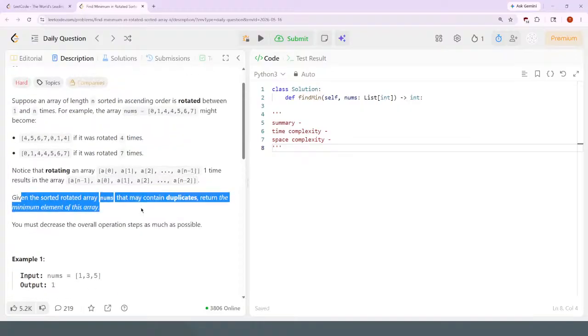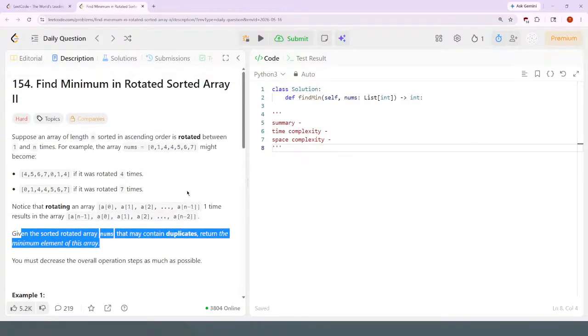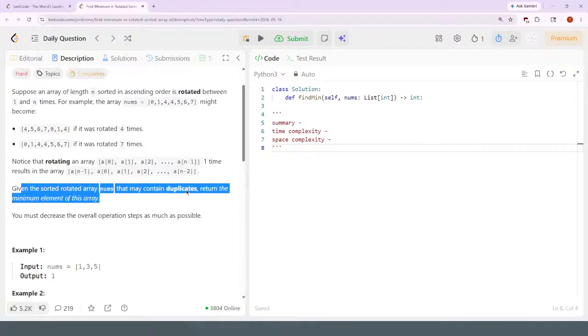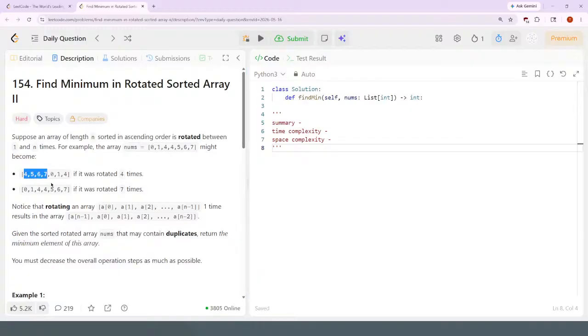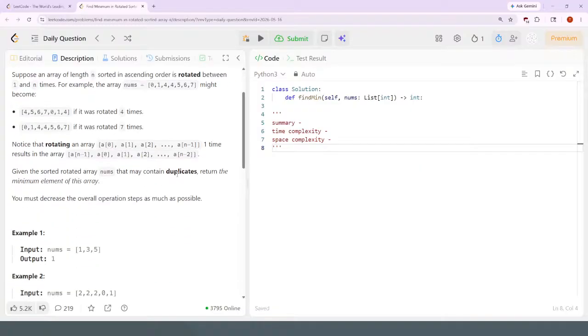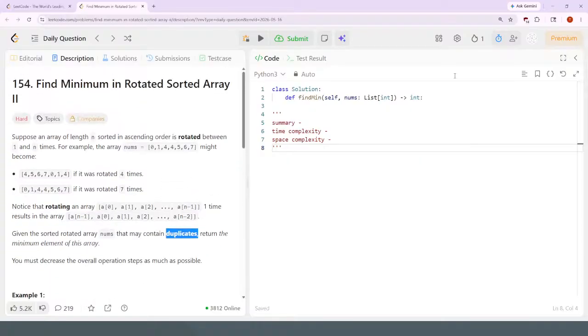So from yesterday, what I did was identify the breakpoint, where the first and last part of the array, or the indices being looked at, is decreasing. But here there are duplicates, so it might not be easy to identify where it's decreasing. But still probably the same idea, I expect.